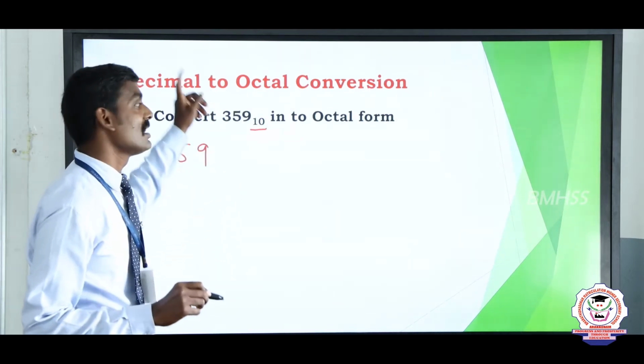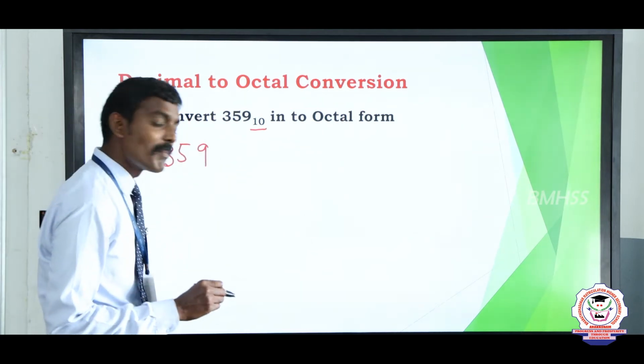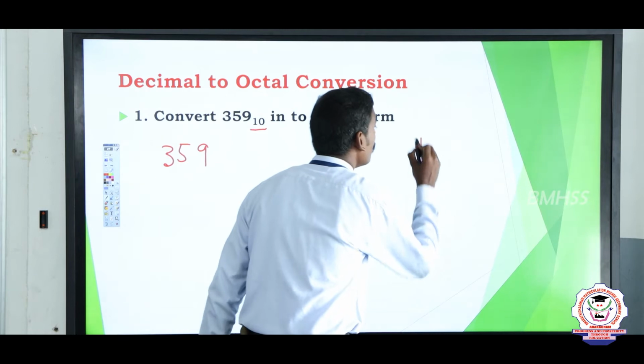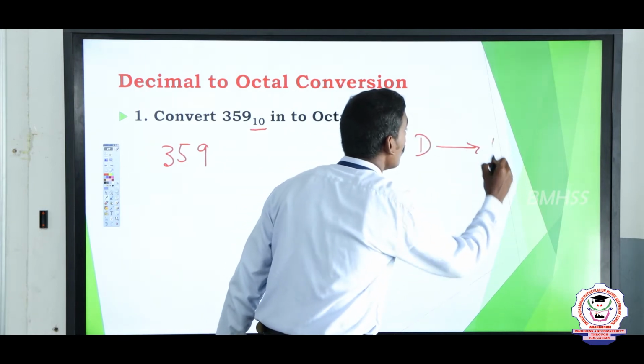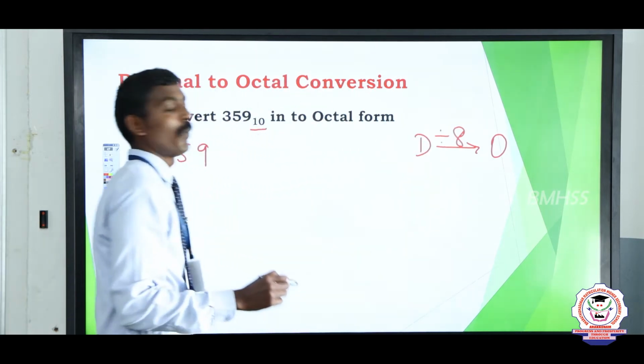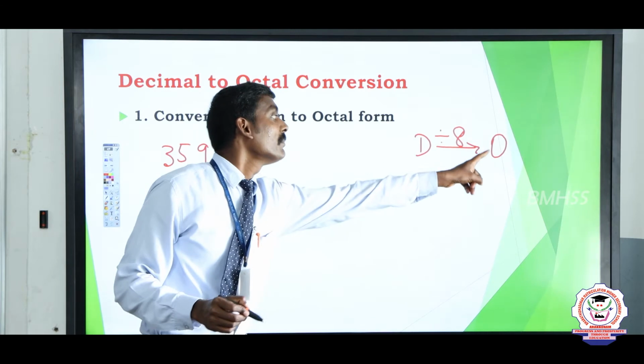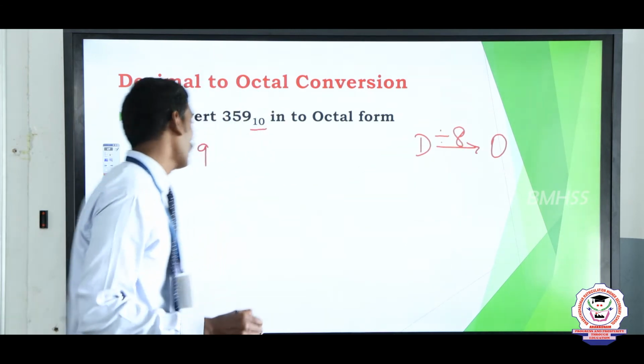It belongs to the decimal number system. Now we want to convert it to octal. What is the formula? Yes, very good. To convert decimal to octal, the decimal number is divided by 8. Why do we divide it by 8? With the help of the base value of the octal number system.